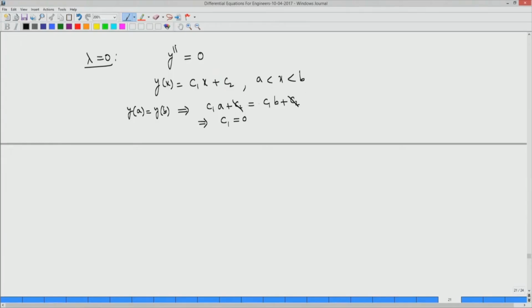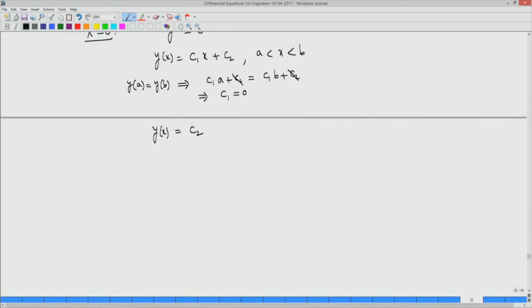So c1 has to be 0 if you want this to be the same. So what is your general solution? Then the general solution becomes c2, just a constant. And now clearly y dash of a equal to y dash of b; if you apply this for the general solution, this will give me 0 equal to 0, satisfied.